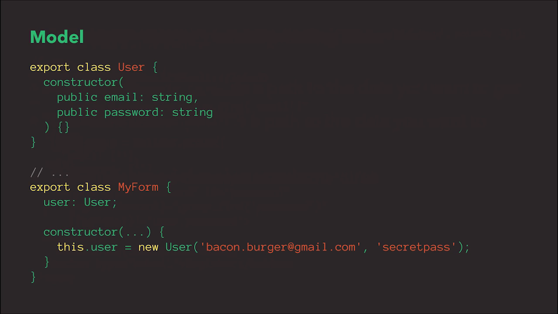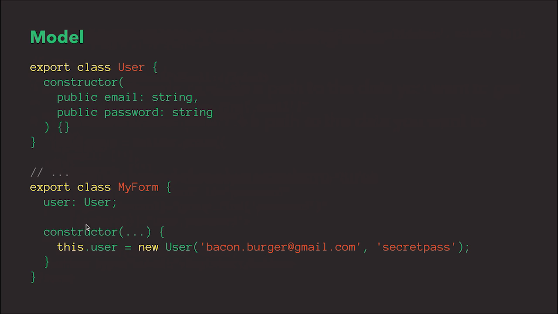So models in Angular 2 are just plain JavaScript classes, no decorators attached to them. And in our case, the user model is a very simple model where you have two properties, email and password, and both are of type string.